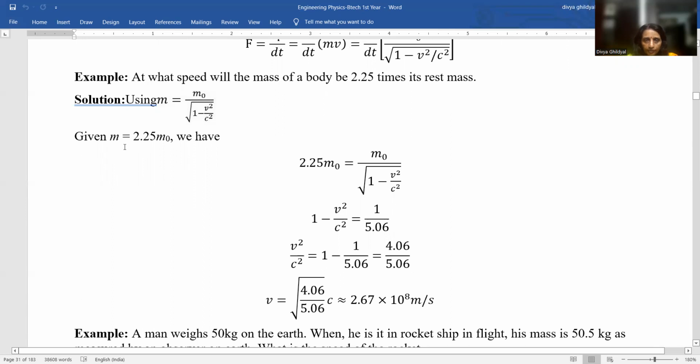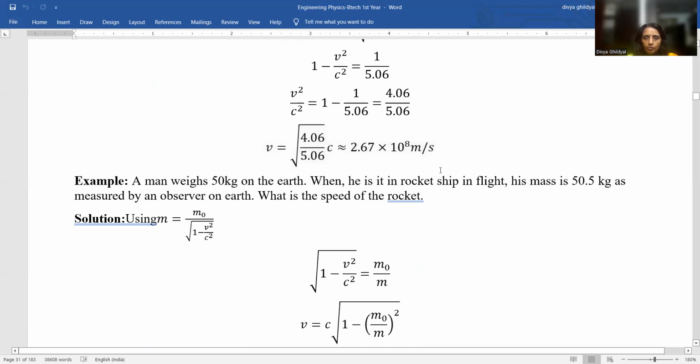We have been given that m is equal to 2.25 m0. So instead of m, I will write 2.25 m0 is equal to m0 upon under root of (1 minus v square by c square). This m0 and this m0 will get cancelled, and simply cross multiply to get the value of v.